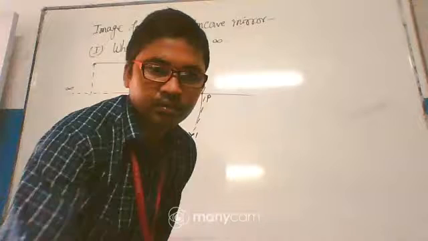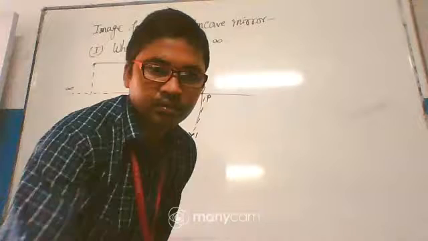You can see, this one is the position of the image. In case first, if object is placed at infinite, then the image is formed at focus of concave mirror. This is the point which we have already known. Now the second case we can study in detail, and we will draw the ray diagram for that.